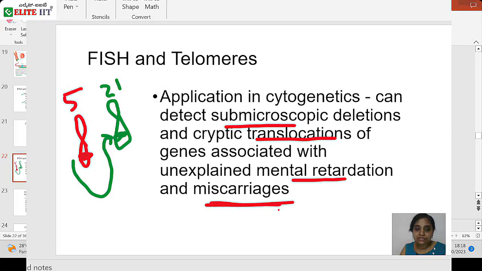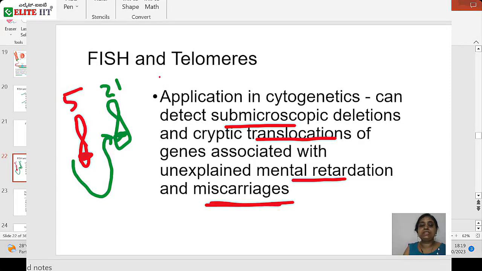You can identify it by identifying whether any gene is translocated or not.